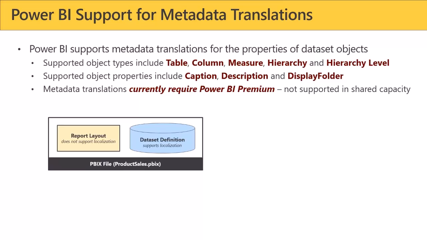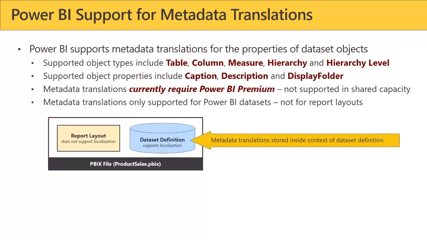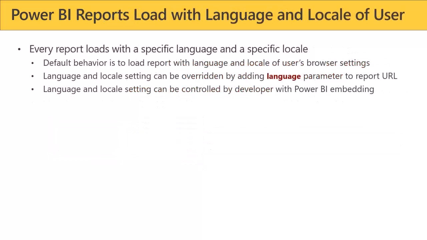We do have plans to address this and make it work inside the shared capacity. I just don't have any timing or details on that currently. And then finally, remember, metadata translations are only applicable to dataset objects. Nothing in the report layout supports any explicit feature for localization.